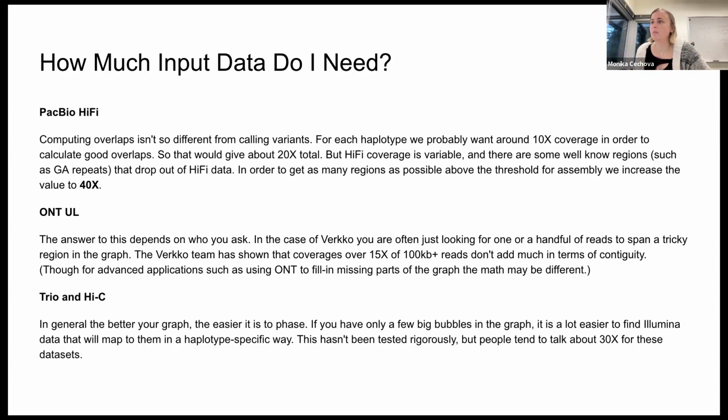For the easy parts of the human genome, you can probably get away with something like 40x of HiFi, maybe 15x of ultra long, and maybe 30x of some Hi-C data for phasing. If you want to go T2T, then you probably want to have at least 40x of all these technologies. So, depending on how much you're willing to invest in your data, it will take you to different places.